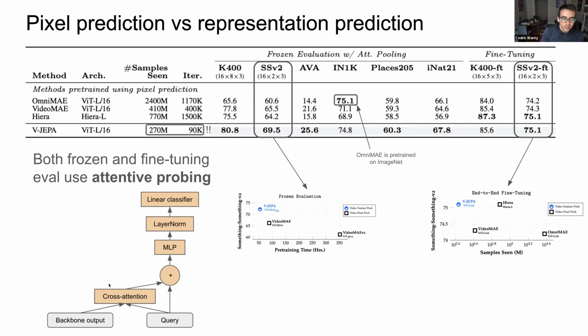But this is the add-on for your domain adaptation. So you train a query with cross-attention with the backbone output, and then you add up. So there's a residual connection between the query and the output of the cross-attention, then MLP, layer norm, and then some linear classifier. And that's how they do what they call attentive probing. And that's how they get all these results.